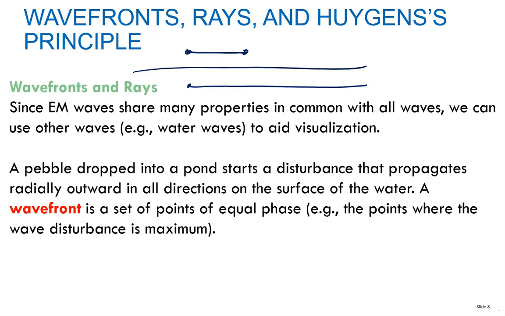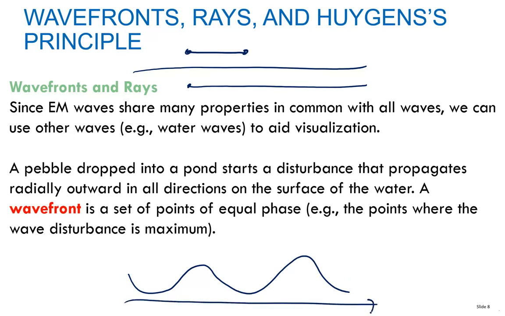So we have light traveling out as rays. And we have the wavelength, and you'll remember this from sound. If I have position on this axis and displacement on this axis, then how do I define the wavelength?